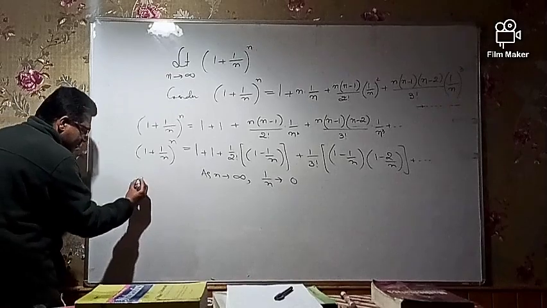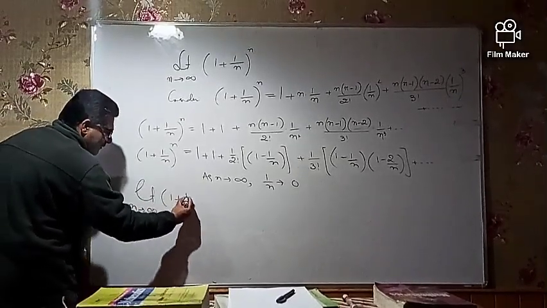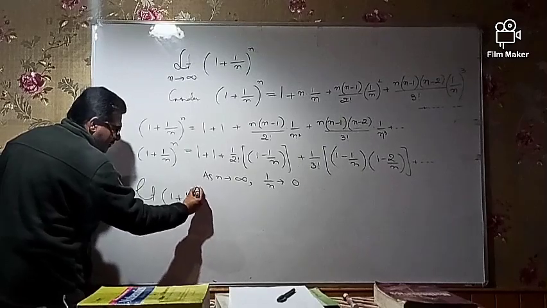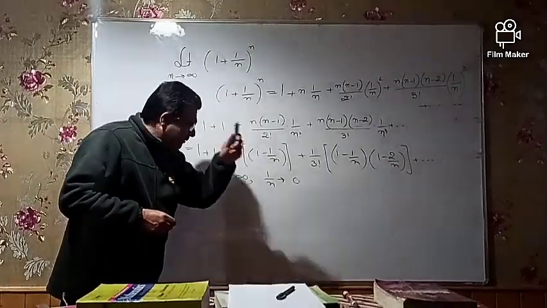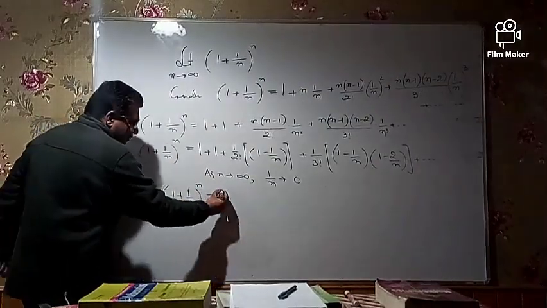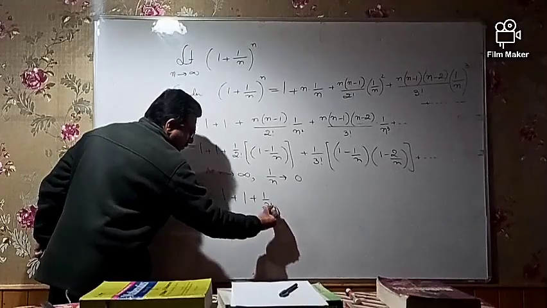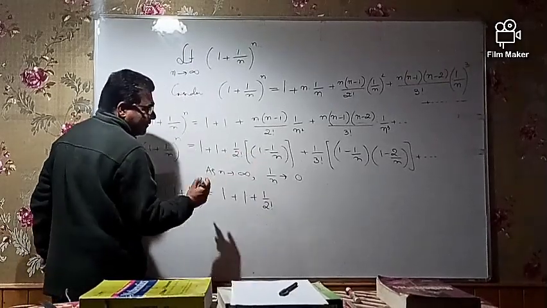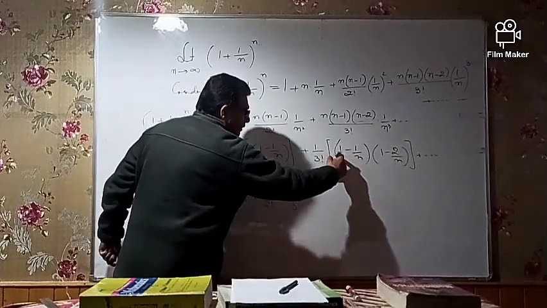So it will be limit n tends to infinity 1 plus 1 by n raised to power n, this is equal to. Now, जहाँ पर भी 1 by n है, वहाँ हमें value 0 देना है, so it will be 1. This will also be 1. This will be 1 by 2 factorial, because 1 minus 0 will be 1. This will be 1 by 3 factorial, 1 minus 0 will be 1.